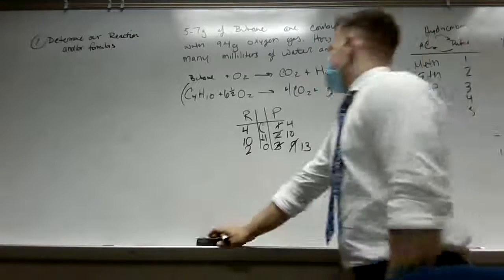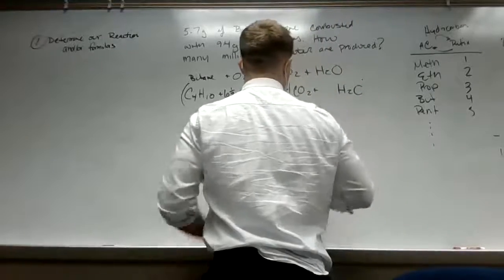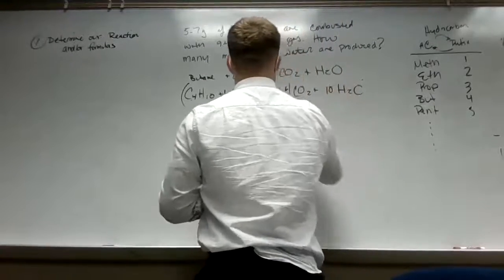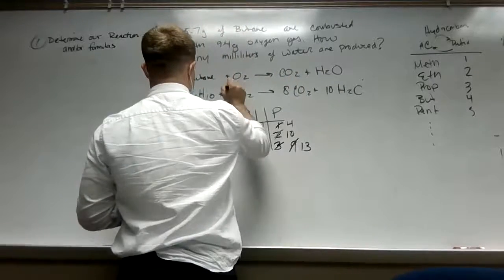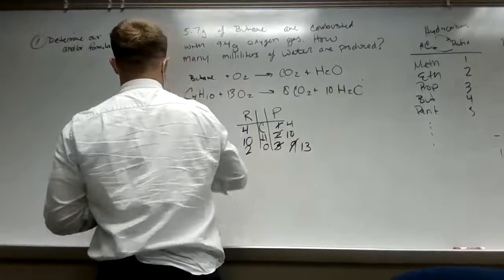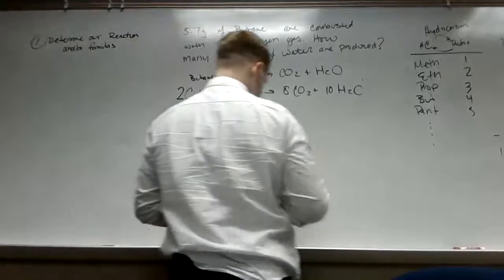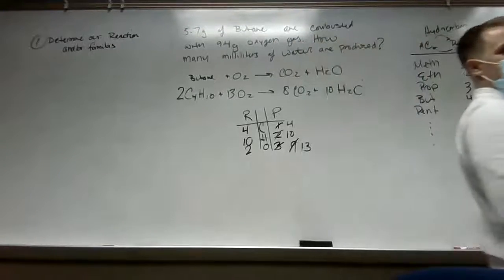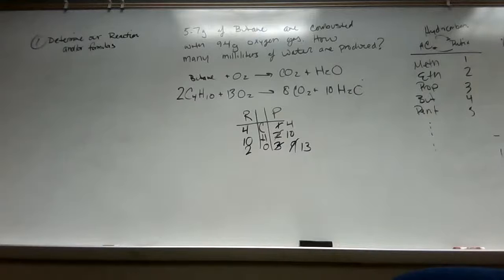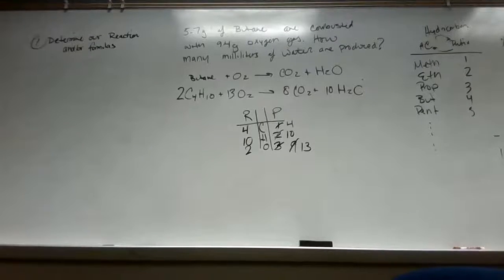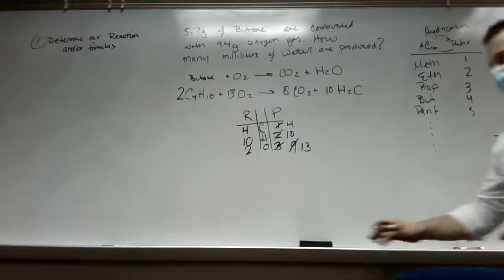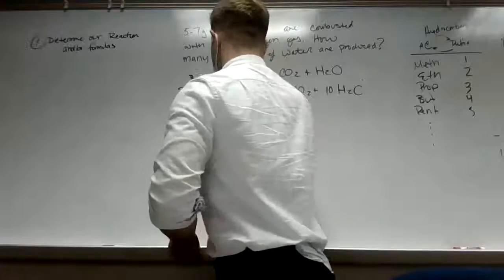Then we're going to go in and say we have 10 water, 8 carbon dioxide, 13 oxygen, and 2 of butane. Is everybody good there? Fantastic. So we have finished our first step, determine our reaction. What is our second step that we always do with problems like this?